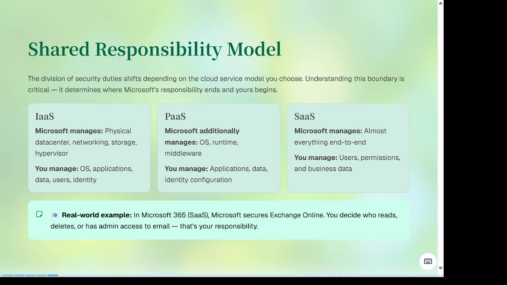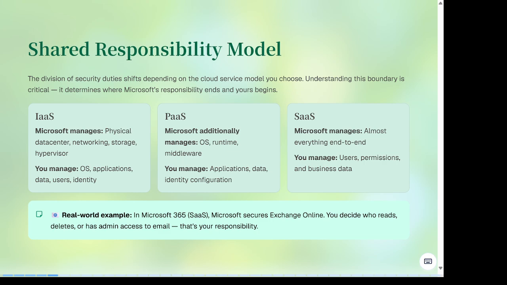Okay, now let's explore one of the most important concepts in cloud computing, that is the shared responsibility model. If you move your application to Azure, who is responsible for securing it, Microsoft or you? Here the answer is both.